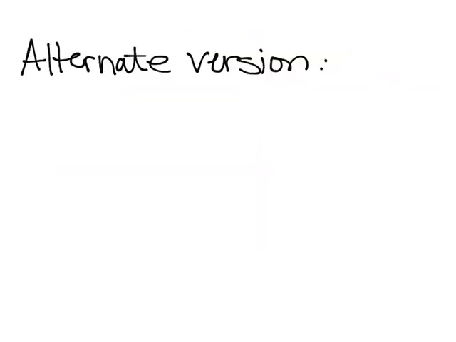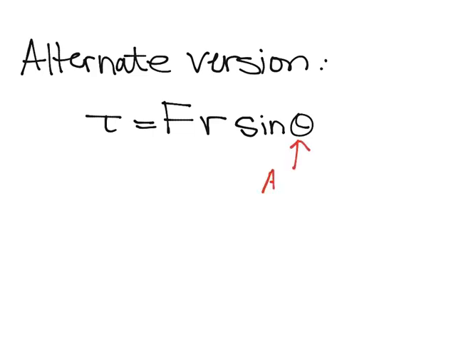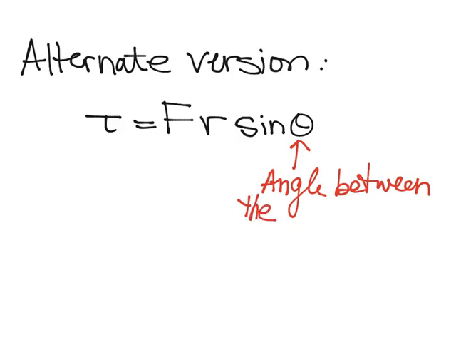I'm going to give you one alternate version of this formula: torque is equal to F, the total force, times r, the distance between the force and the pivot point, times sine of theta, as long as you define this angle as the angle between the r and the force.